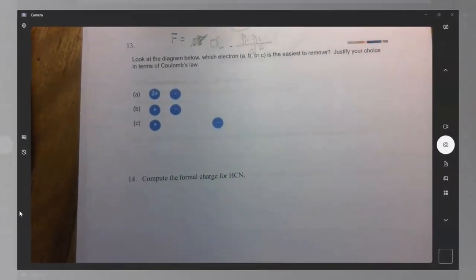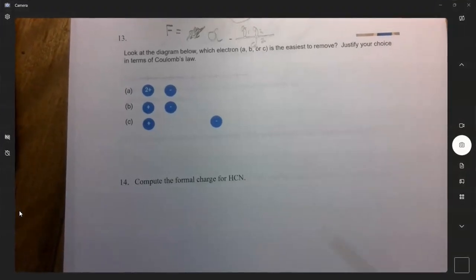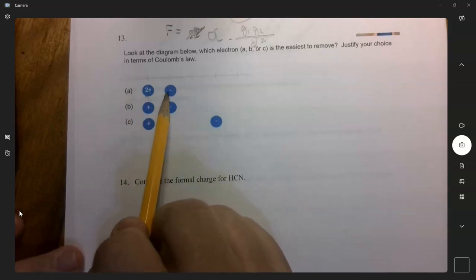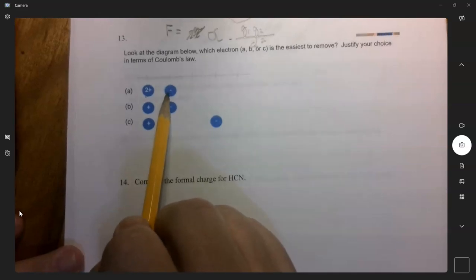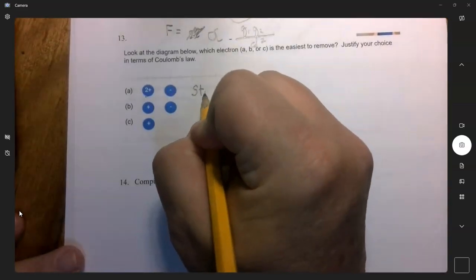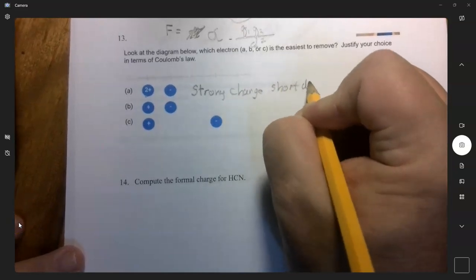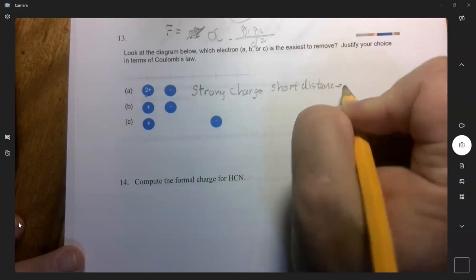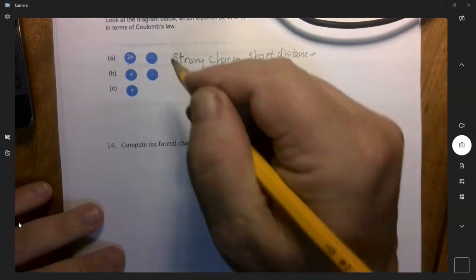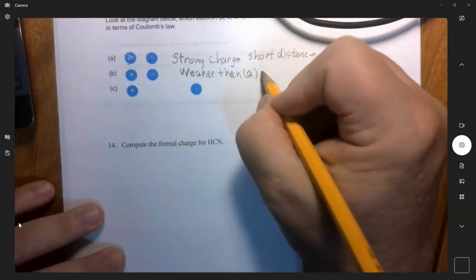Okay, here we go. All right, so look at the diagram below. Which electron, A, B, or C, is the easiest to remove? So this is a really strong charge, 2 protons pulling on 1 electron, and the electron is close. So strong charge compared to the other 2. Short distance. This one is weaker charge than A. Same distance.